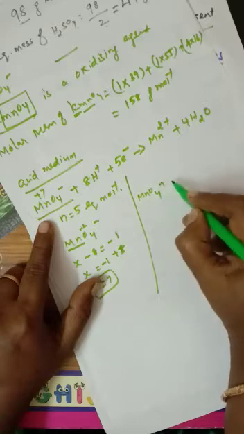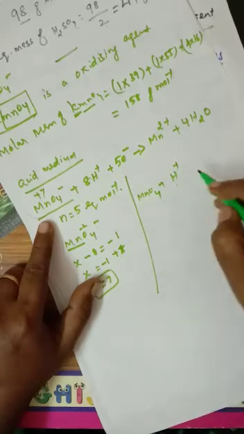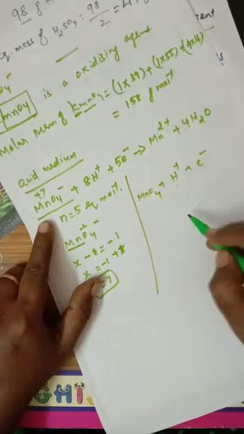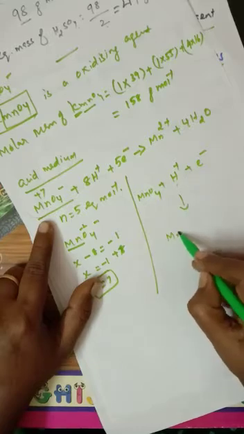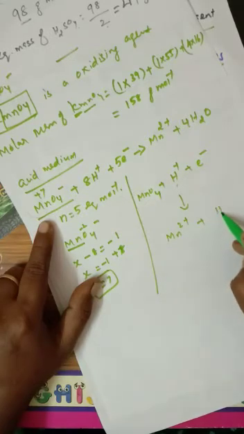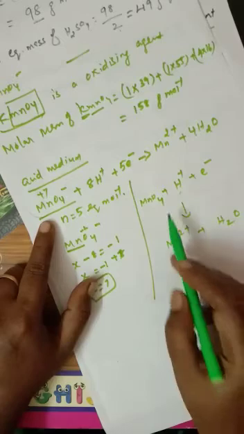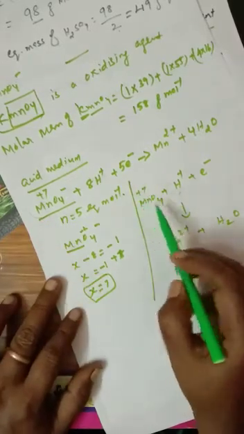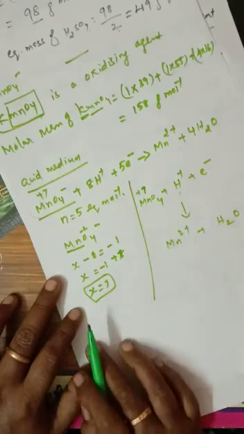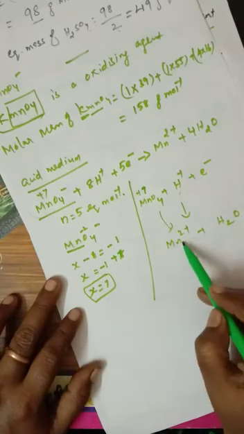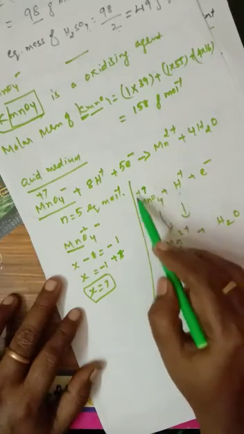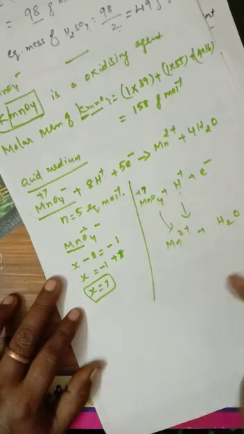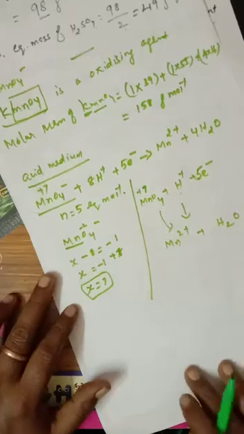When MnO4 minus is in acid medium, it gains electrons and gives Mn2 plus and water molecules. This is the equation. MnO4 minus, with plus 7 oxidation number, gets reduced to Mn2 plus. The remaining 5 electrons go to the left side.